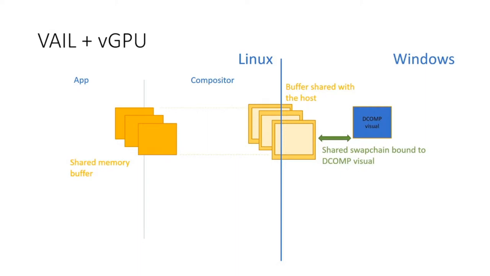Instead it's what we call a decomp visual, and it's basically just a little pointer to a swap chain. We can take that swap chain that was shared by the guest and hook it up to the visual tree. So the compositor essentially consumes those buffers directly without introducing extra copies or anything like this.